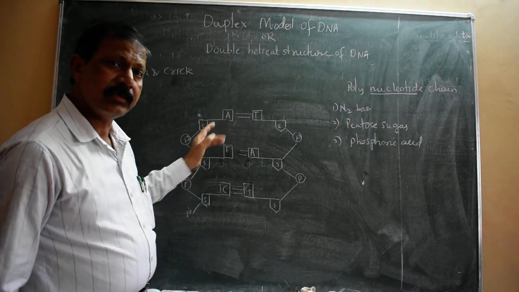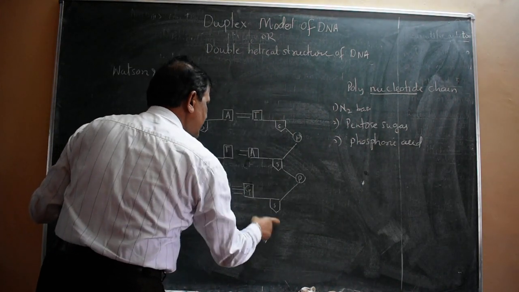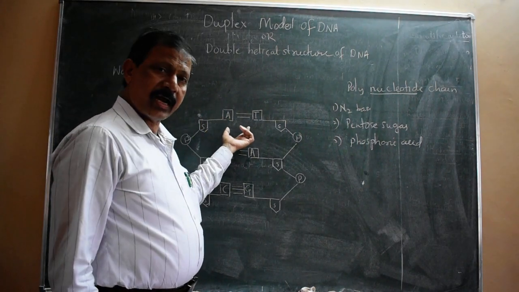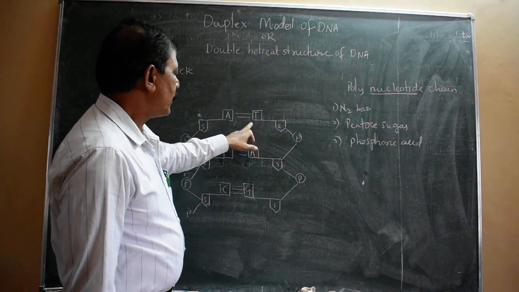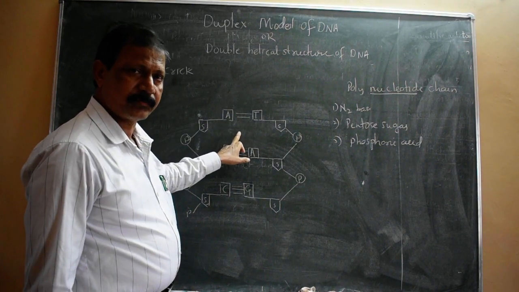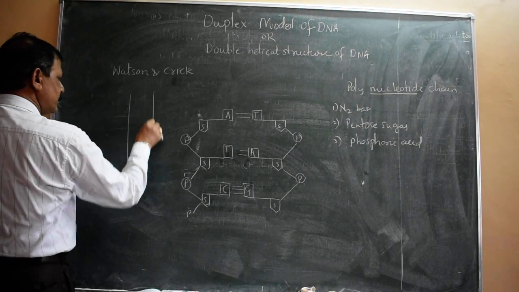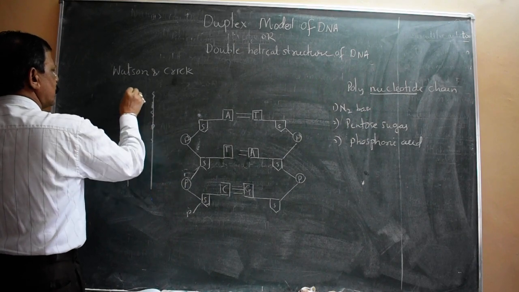In the previous class, you studied the single-stranded polynucleotide chain. This is one single strand and this is another single strand. But here both strands are united by hydrogen bonds, just like a ladder. The ladder sides are made by sugar phosphate, sugar phosphate, sugar phosphate.